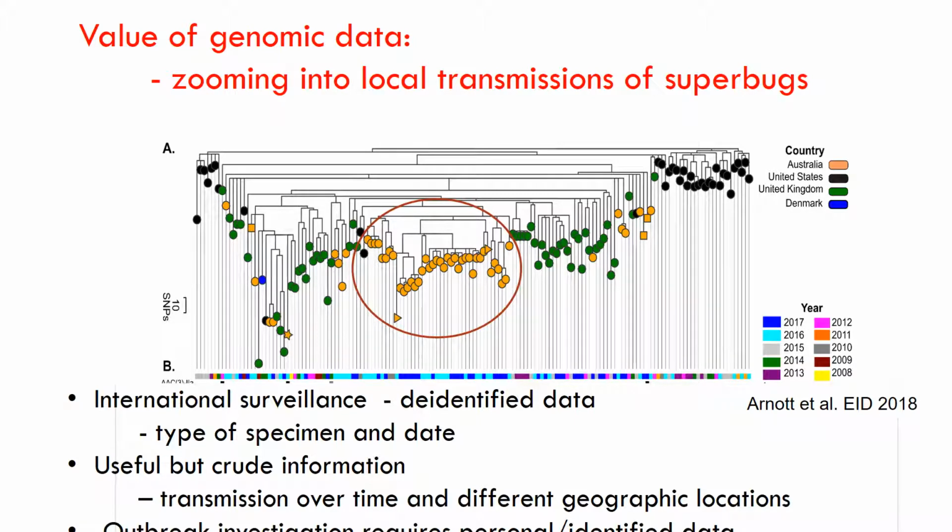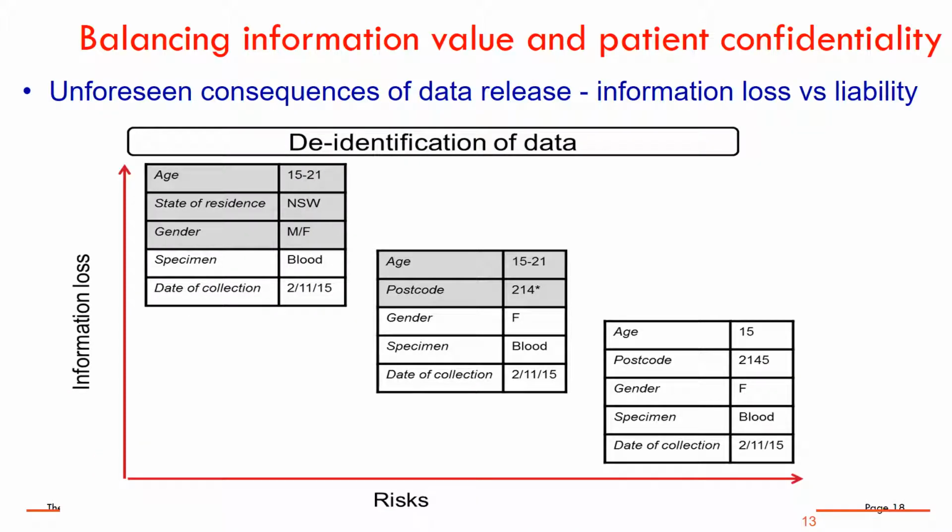But local outbreak investigations, although this provides crude information, just transmission over time and different geographic locations, outbreak investigations necessarily means that public health officers, in order to obtain food histories and understand how spread occurs, inevitably must have identifiable information, know who the people are who are involved in outbreaks.